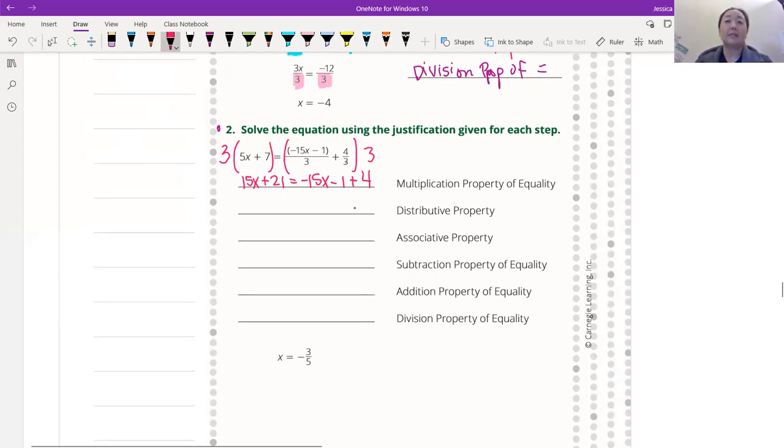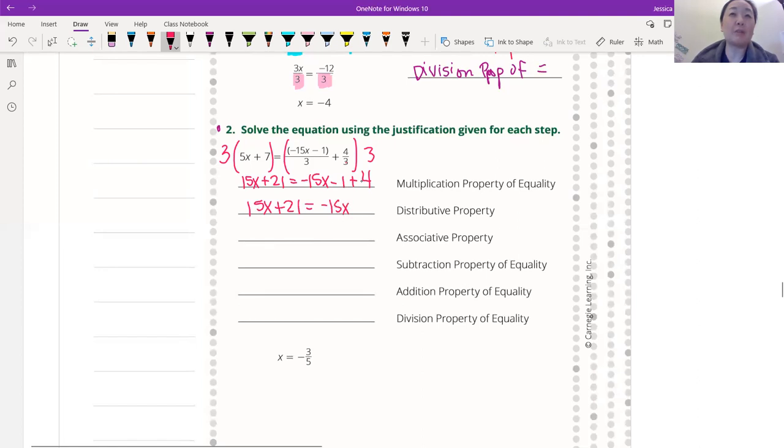All right. So what do we do now? The distributive property, but there's nothing to distribute. Maybe they put the 3 out here. I don't know. So I'm going to just simplify this at this point. So we're going to get 15x plus 21 is equal to -15x.